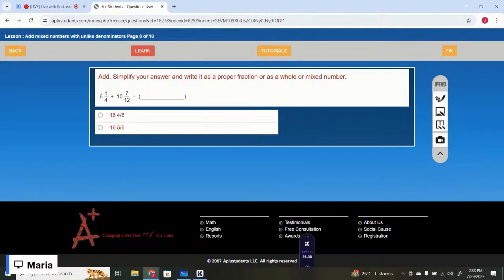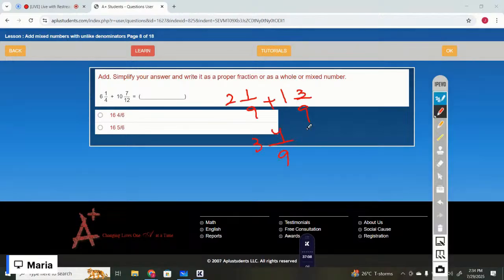Six whole 1 by 4 plus 10 whole 7 over 12. Four times 3 is 12. 1 times 3 is 3. 4 times 3 is 12.